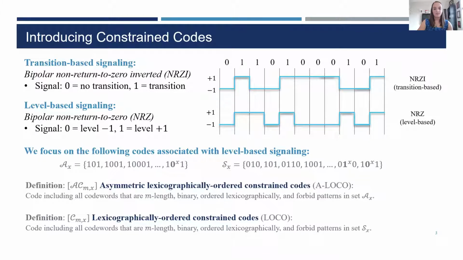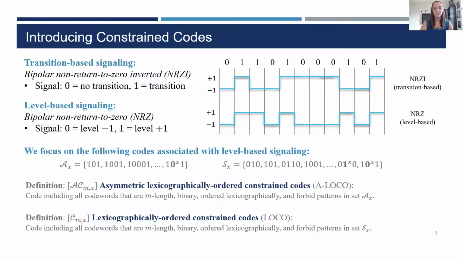The constrained codes that are associated with level-based signaling that we provide general results for in our papers are A-LOCO and LOCO codes in the finite length realm. I've listed here two different sets of patterns that are going to be the forbidden patterns for A-LOCO and LOCO codes.